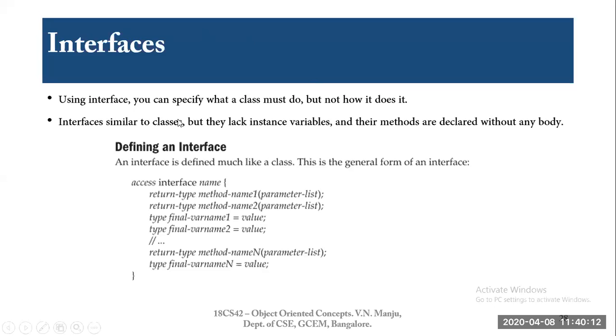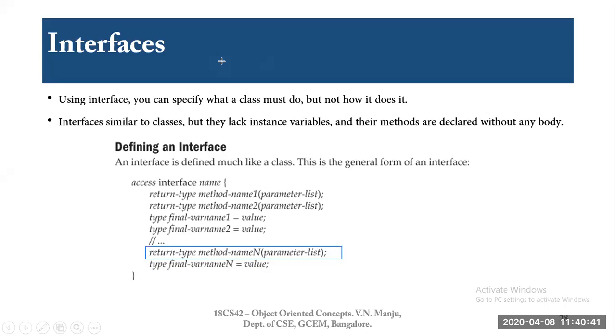Interface is similar to the class, but it lacks instance variables and the methods are declared without any body. Declaration is there, but there is no definition. So see here, let me show you this interface. What is this? Return type, method name, parameter.